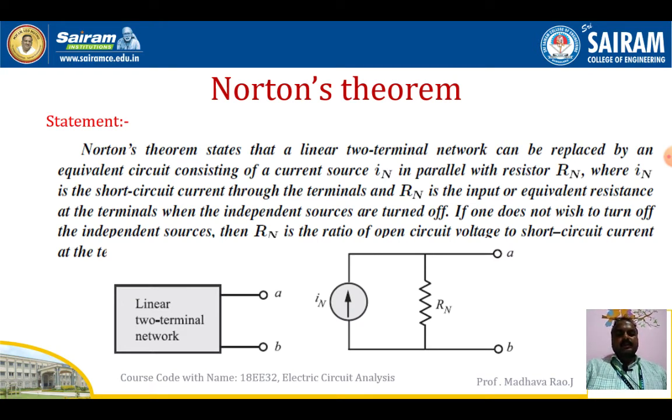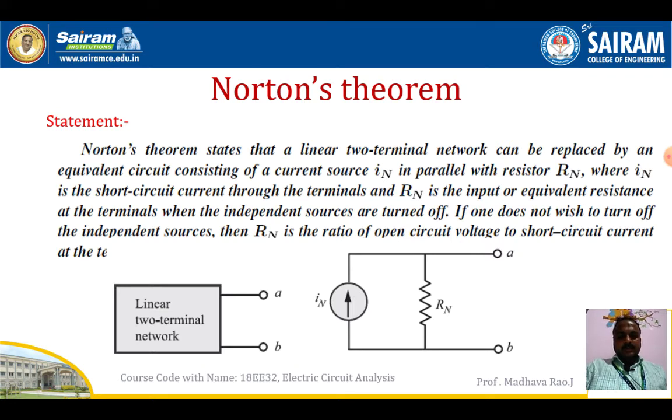If one does not wish to turn off the independent sources, then RN is the ratio of open circuit voltage to short circuit current at the terminals.